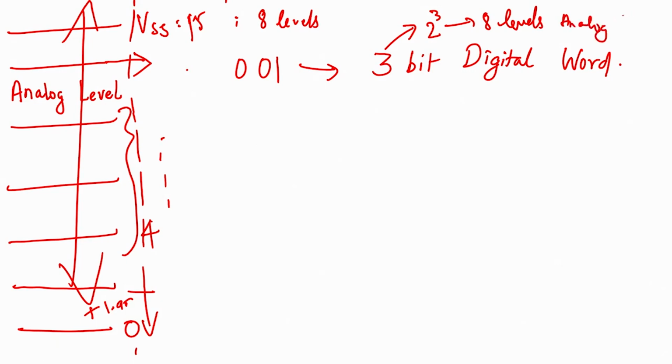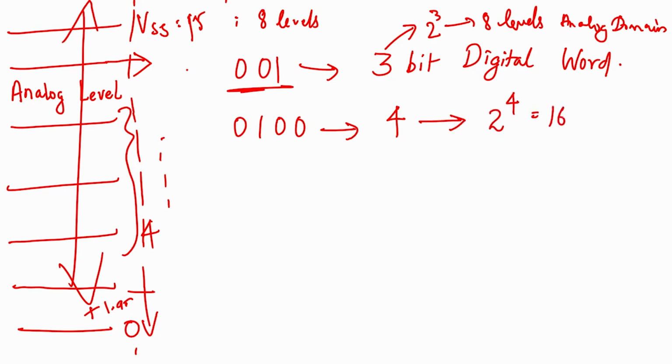It is not necessary that you have 8 levels, you can have fewer levels also, just that you won't be using all your bits with full efficiency. Let us say we have 4 bits, 0, 1, 0, 0, that is a 4-bit digital word. You can have 2 raised to 4 equal to 16 levels. The same goes for higher numbers of bits.